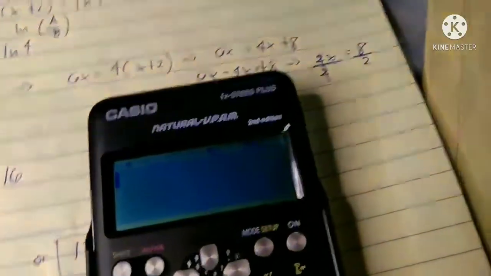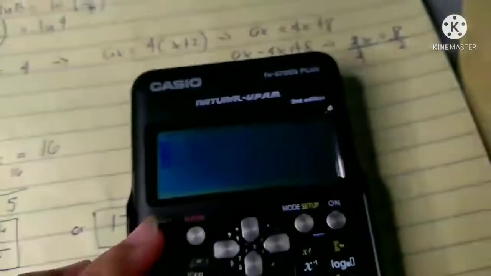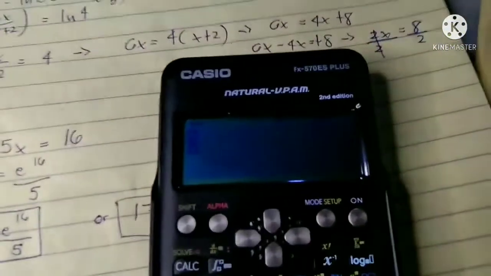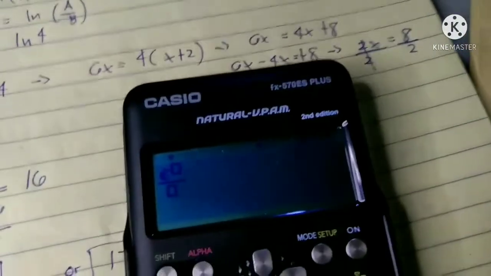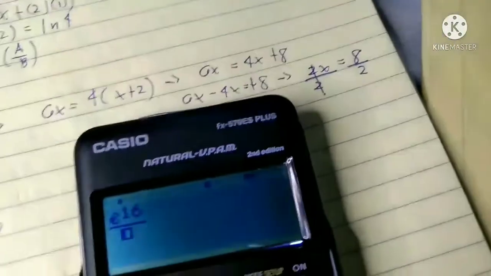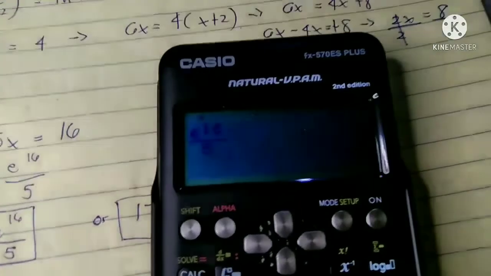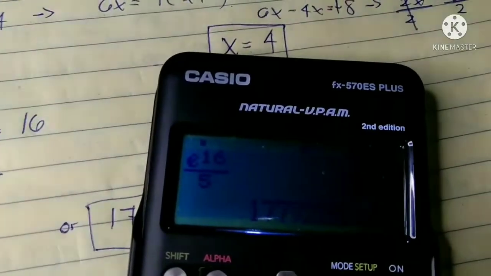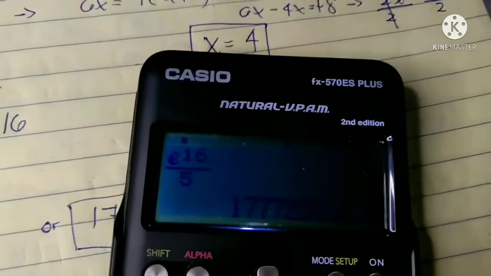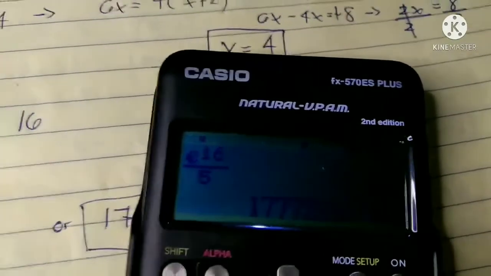So we have here e raised to 16 divided by 5. We're gonna get here 1777.2104.